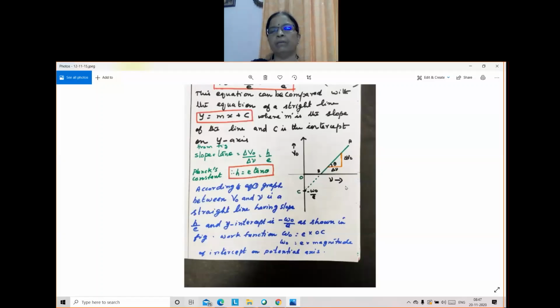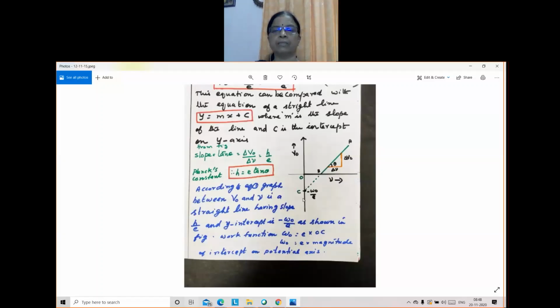So according to equation 1, the graph between V0 and nu is a straight line having slope h by e and y-intercept minus W0 by e, as shown in the figure. Work function W0 will be equal to e into OC, where OC is the y-intercept.